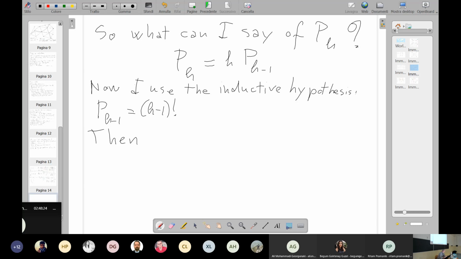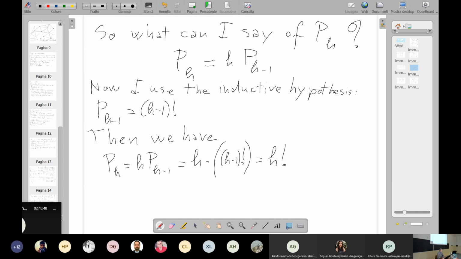Then we have, I repeat, pH equals H times pH minus 1. This means H times H minus 1 factorial. But this is exactly H factorial. And the proof.